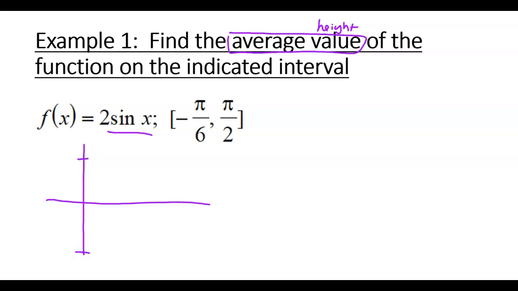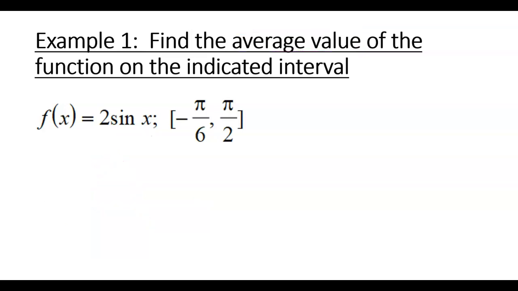But it has an amplitude of 2, I see. So it's going to look something like this, and we're going from negative pi over 6 to pi over 2. And the question is, what's the average height of this function on the interval? It has a height here, a height here, a height here. What's the average height? What's the average y value is the question here.